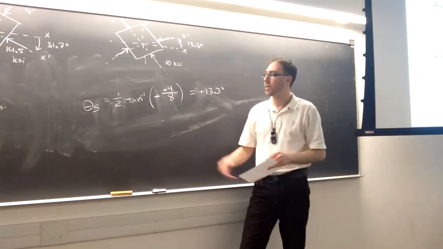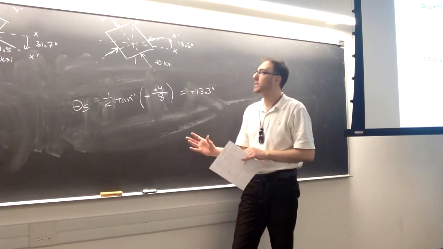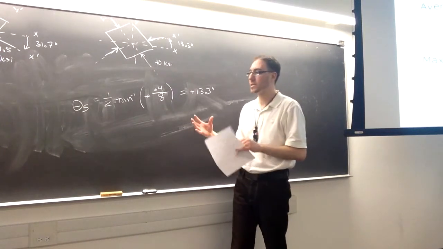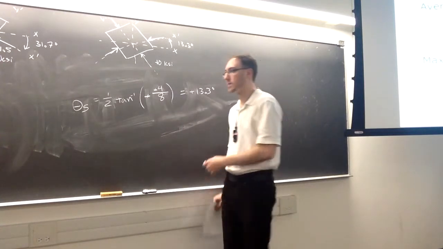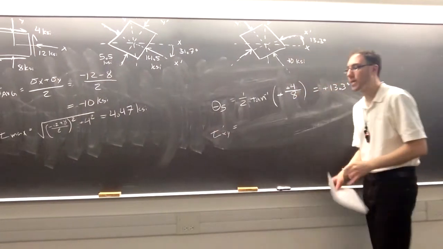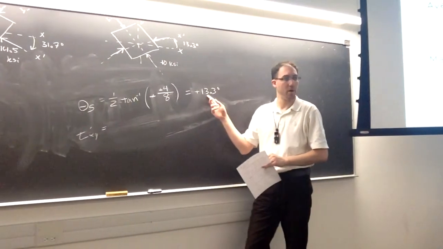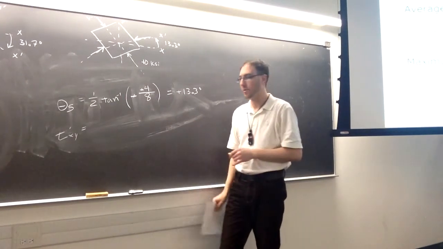And I know the magnitude of the shear stress is going to be 4.47. But again, I don't know its direction. I don't know if it is a positive shear stress state or a negative shear stress state. So that's where I have to now do a rotation of the 13.3 degrees to see, is this going to be a positive value or a negative value?